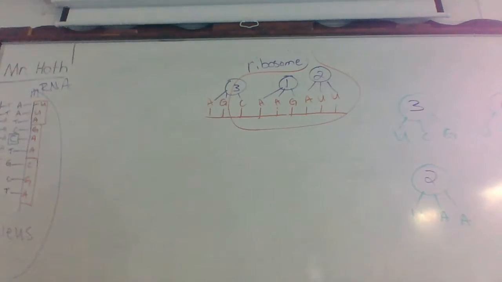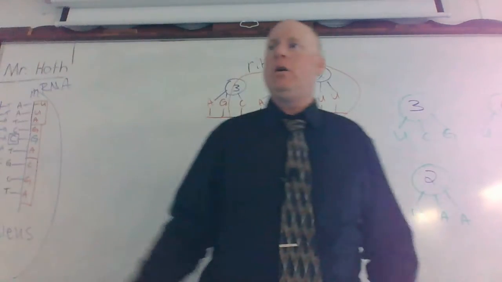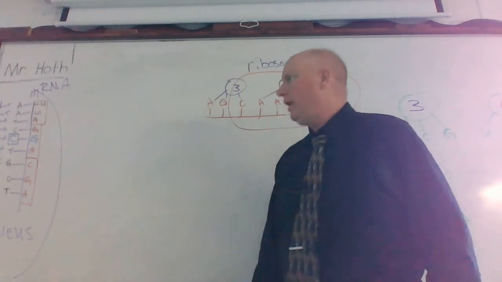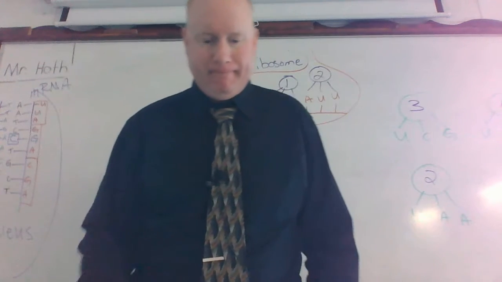Well, if a point mutation takes place, let's see what that changes it to. This is no longer going to be an A, it's going to be a G. Again, this was supposed to be glutamic acid. Now, what amino acid do we have there? GGA.